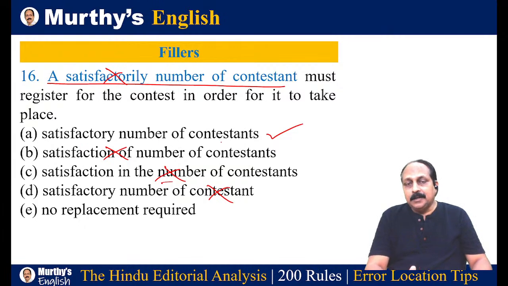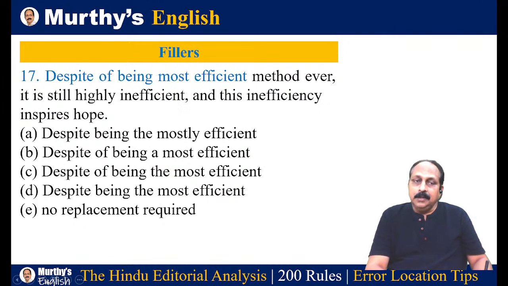Satisfactory number of contestants must register. Perfect, grammatically and contextually. When you read this, the next second you have to know this is not right. In spite of, correct, but despite of, wrong combination, they have given many a time. Then it has to be one of the options.